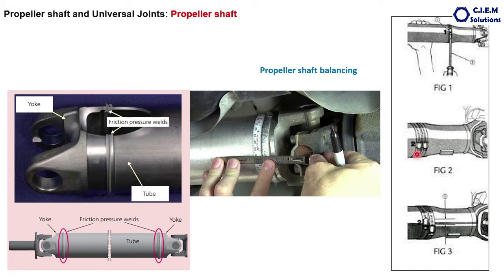This screw and the screw holding body act like an additional weight. So like this, there is a special process, and based on the process or the guidelines of the propeller shaft manufacturer, the balancing needs to be done for any propeller shaft.